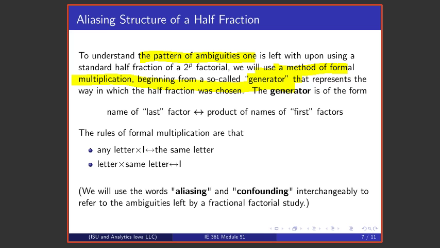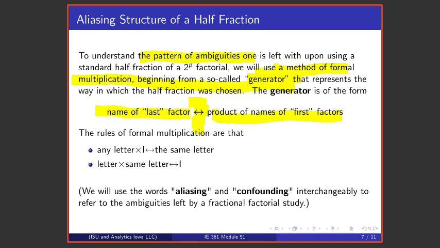So the generator for a standard half fraction is this. One writes the name of the last factor and says it's equivalent to, and then writes the product of the names of the first p minus 1 factors.